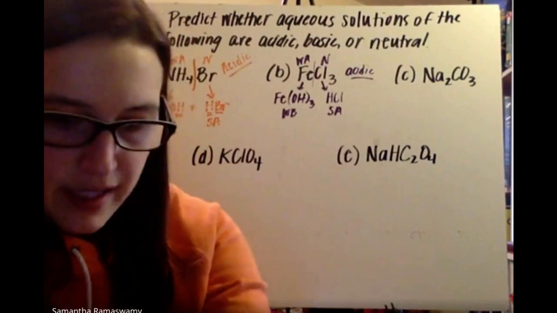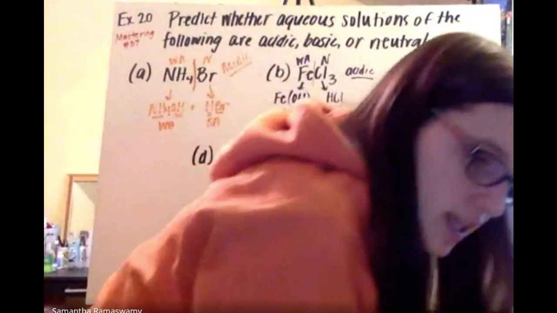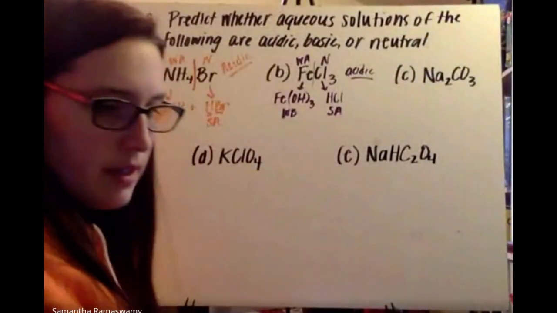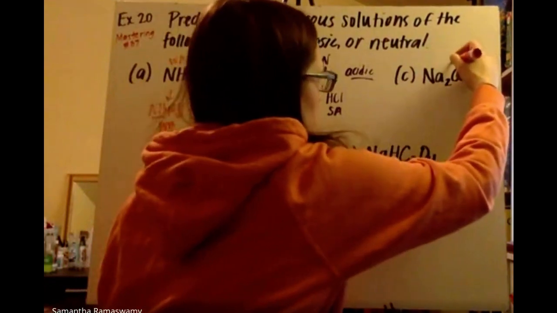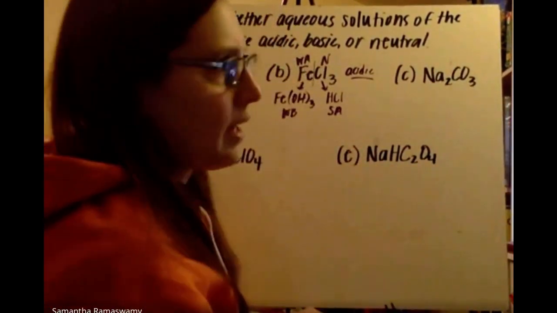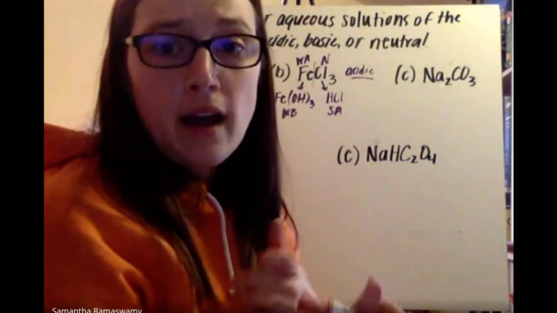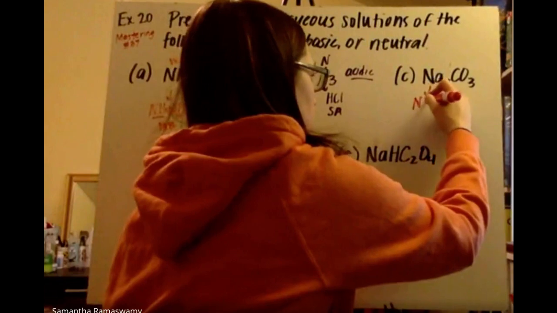So if we look at part C, it says Na2CO3. All right. So if I split this, again, the cation comes from the base. So Na will come from NaOH.